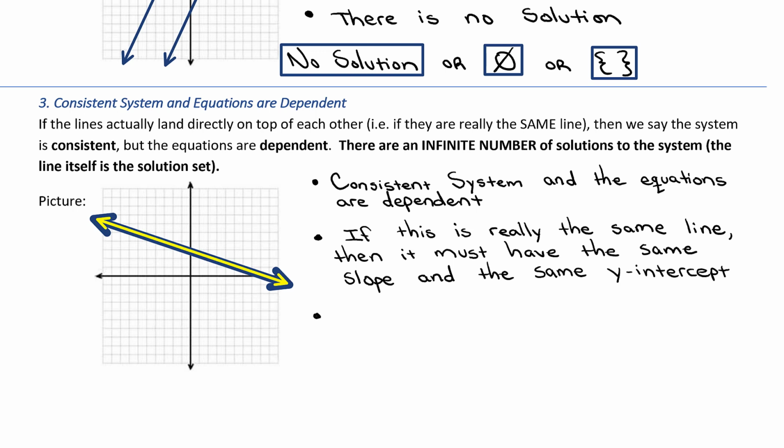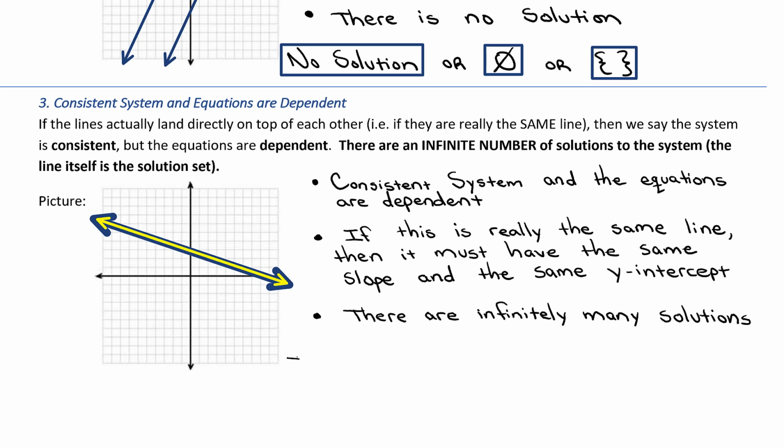And in terms of the solution, this is going to have infinitely many solutions. Since you do have one line directly landing on top of another line, they are going to share infinitely many points in common. They're going to intersect at infinitely many points. So therefore, there are infinitely many solutions.